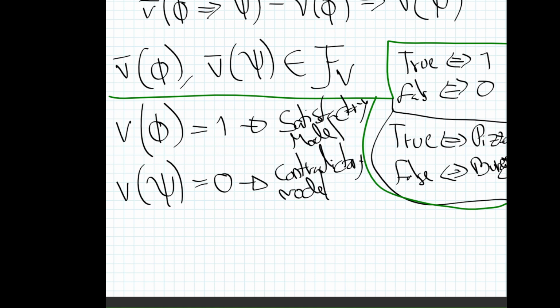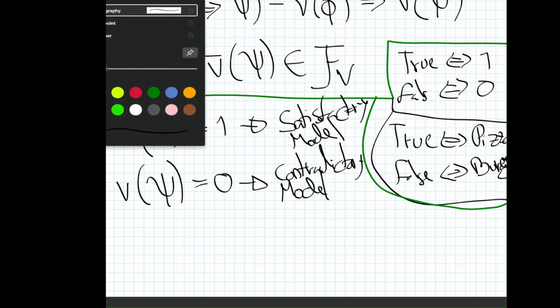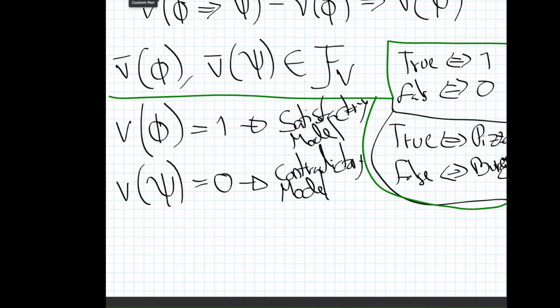If we want to be semantically precise, as correct as possible, we will just call the first one a model because it is satisfactory, and the second one will not even be called a model because the total evaluation will be contradictory. But we can say it both ways. It's just a matter of context. That's about it.